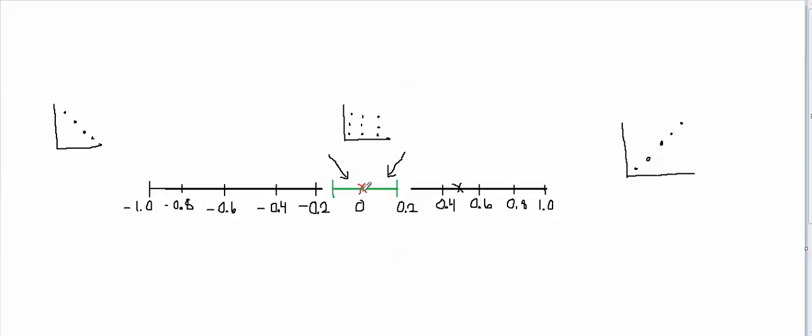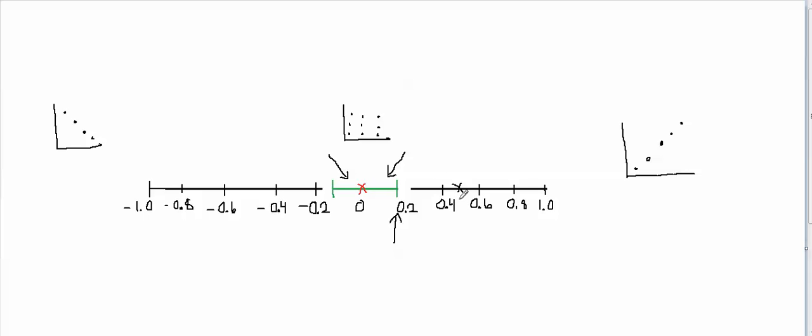So how do you know if your sample correlation is far enough from 0 to no longer be in the expected range of the null hypothesis? Well, if it reaches the positive critical value, which is a cutoff somewhere on this end of the number line, that means that your sample correlation is so far above 0 that it would not be likely in the null hypothesis situation.